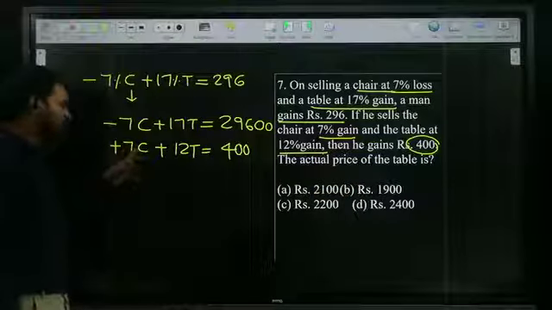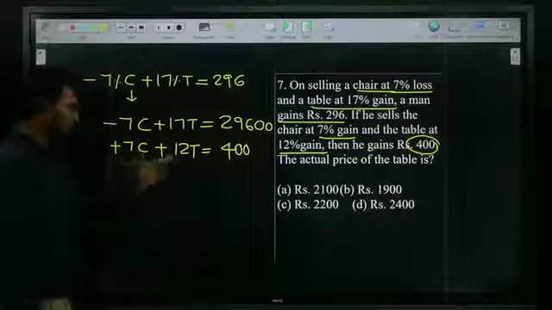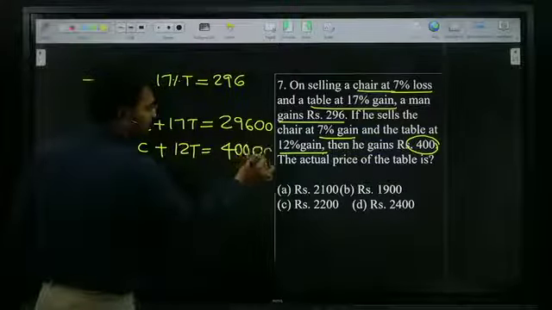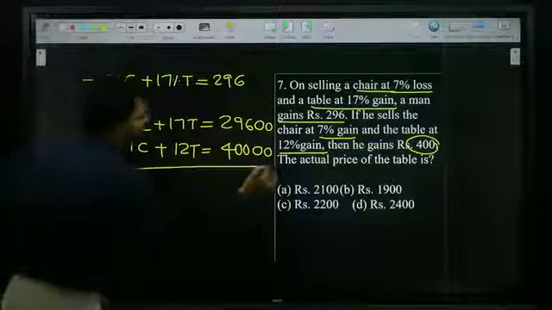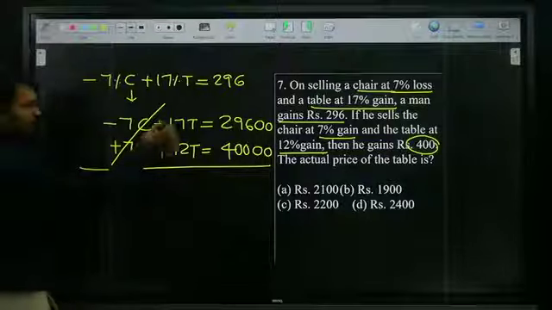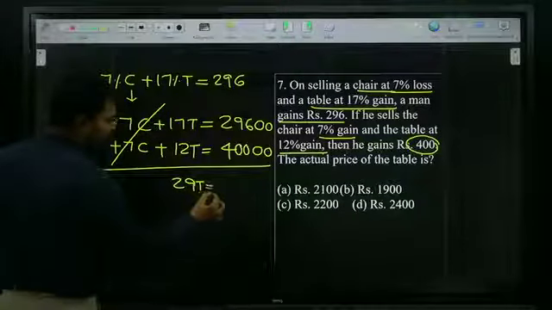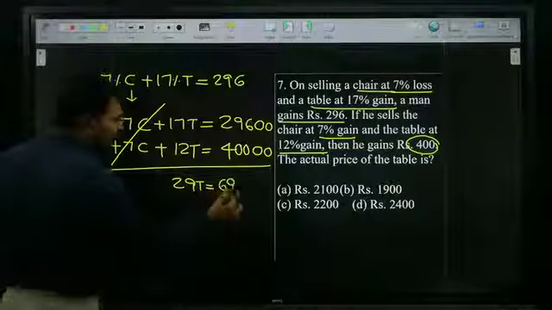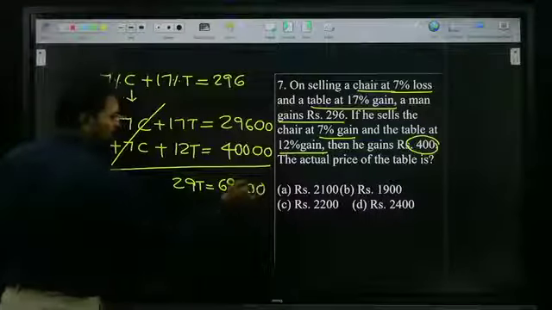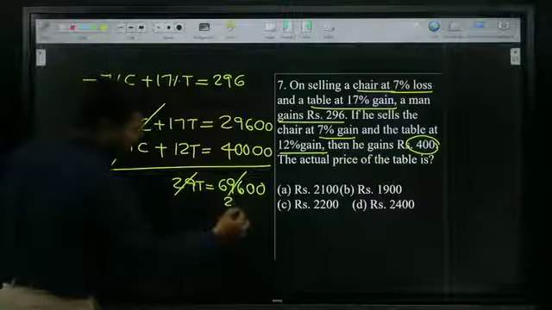This is 7%, na, 7 by 100. This is 12%, na, 12 by 100. 100 comes to the side. This is 40,000, na. If we equate these two equations, Amma, 7c gets cancelled. 17t, 12t, 29t. 29t is equal to 69,600. Okay, Namma. So 29 times 24.